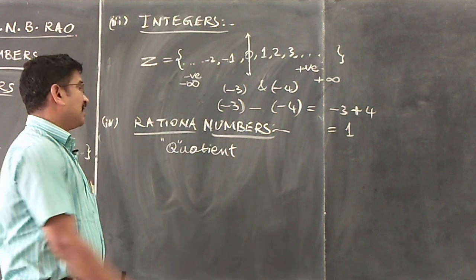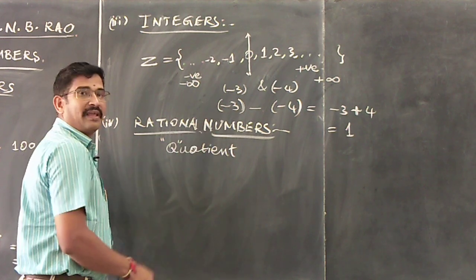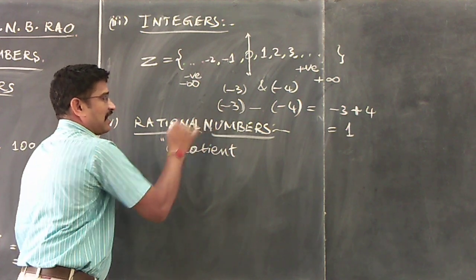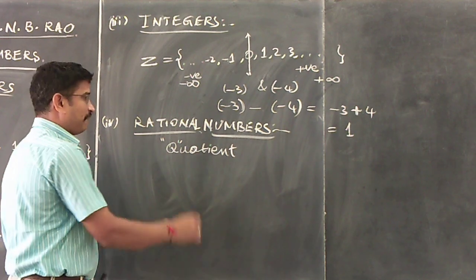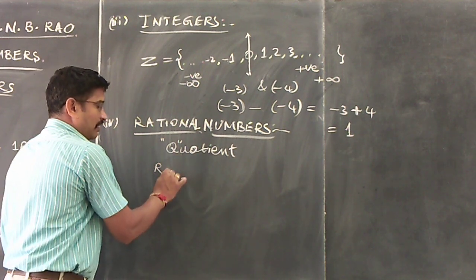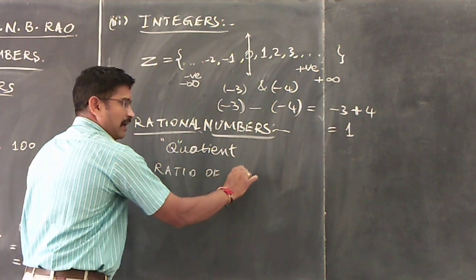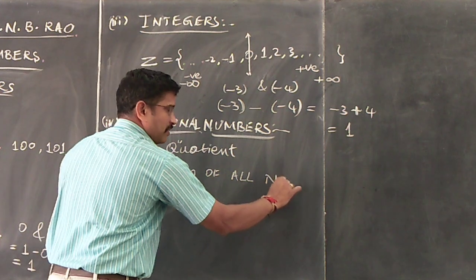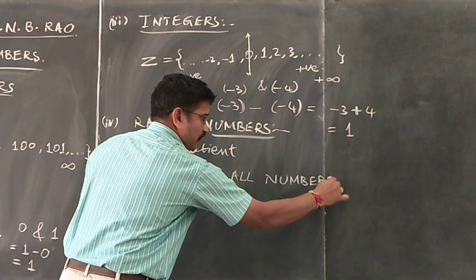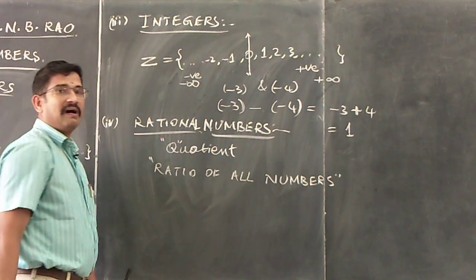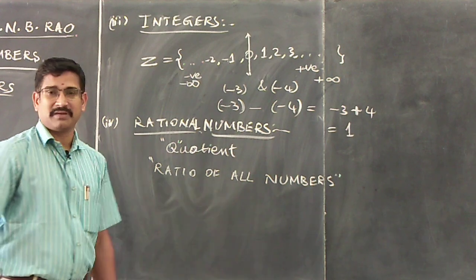It is because, in rational, I have missed the L here, the name rational numbers has come from the phrase ratio of numbers.